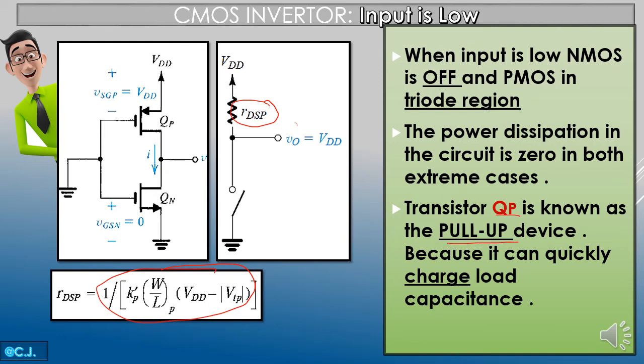Let's assume there was a load capacitance. In that case, current will pass through this circuit, so it will quickly charge the capacitor. That's why PMOS is called pull-up device.